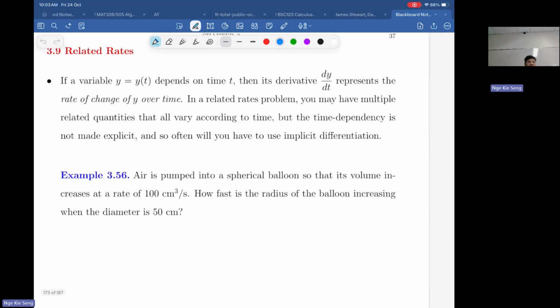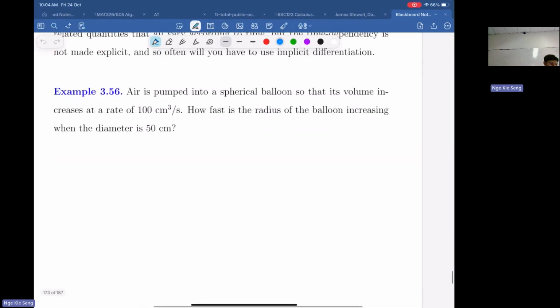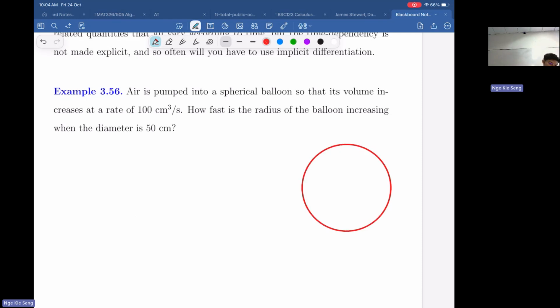Okay, so let's try this. If air is pumped into a spherical balloon, for this kind of question, make sure you know how to draw it. So please draw your question. A spherical balloon is just a sphere.